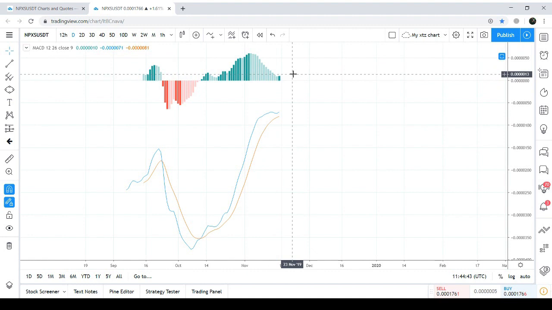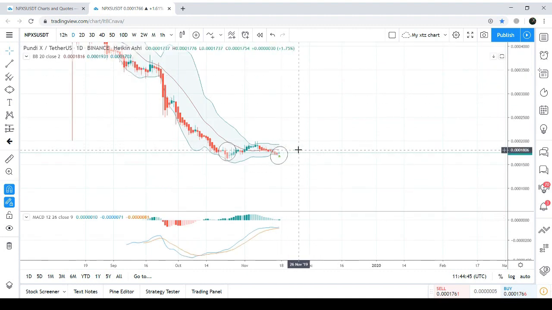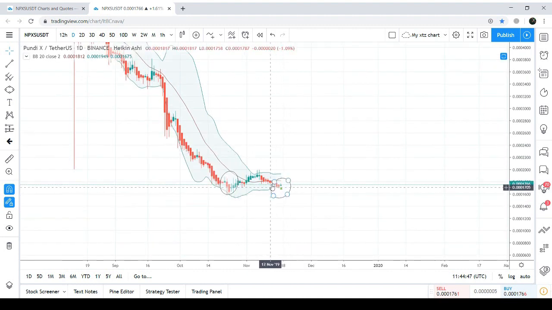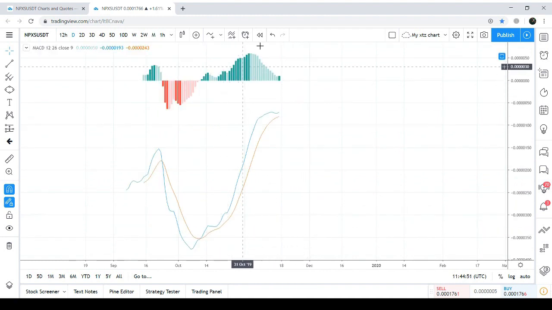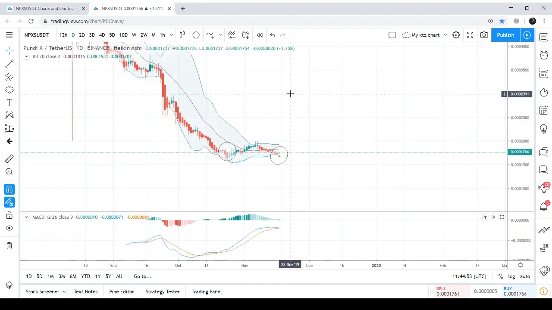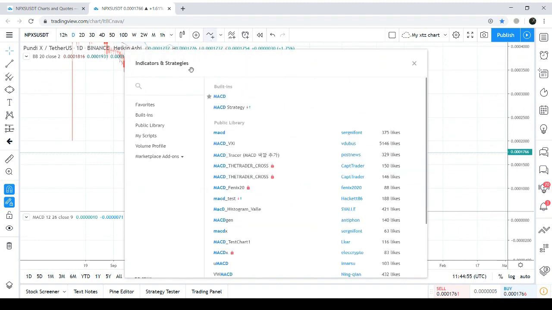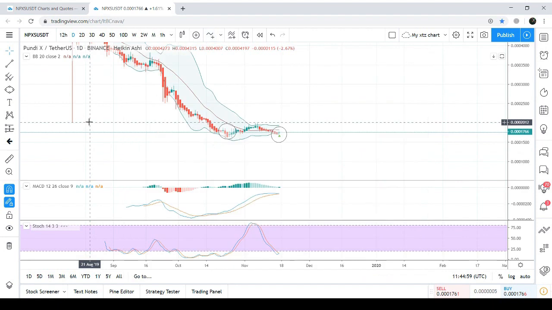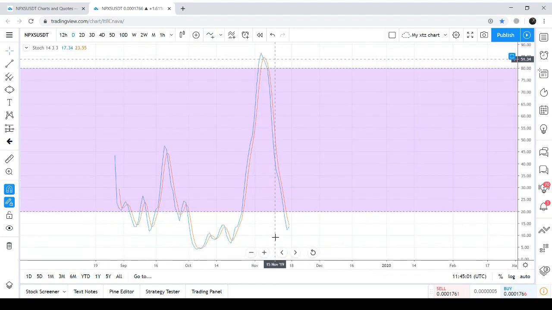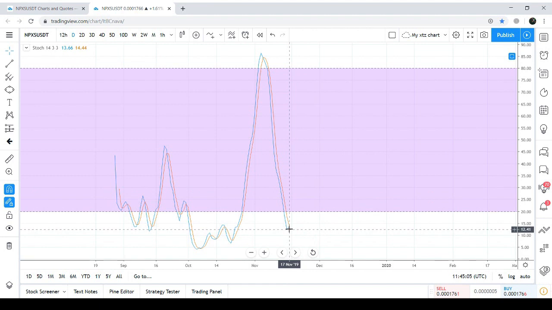Now after hitting at the support, the price action is getting bounced, and the MACD has also turned strong bullish. And if we see the stochastic on this day chart, the stochastic is also in the oversold zone, and it is likely to give a bull cross really very soon.